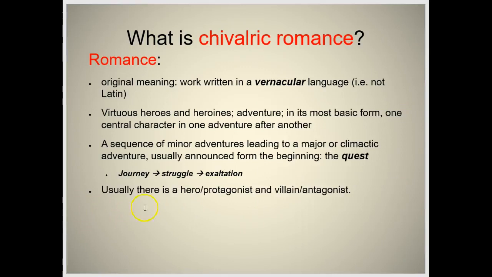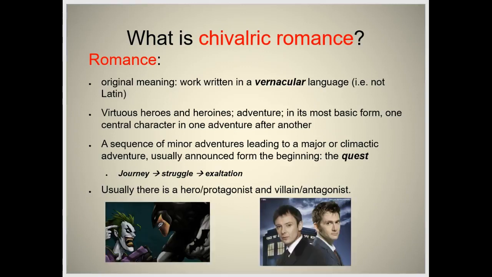Usually there is a hero protagonist and a villain or antagonist. And this is one of the structures of romance as well. And I'm talking about romance in its broadest sense that isn't just tied to one historical period or time. I already mentioned Star Wars and Flash Gordon as examples of romance.